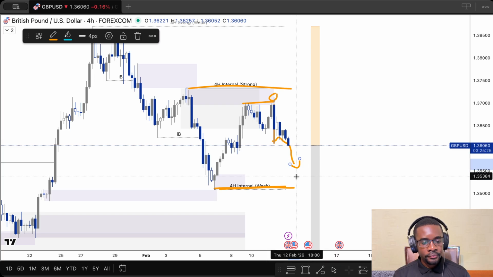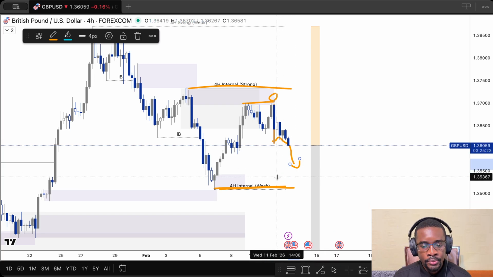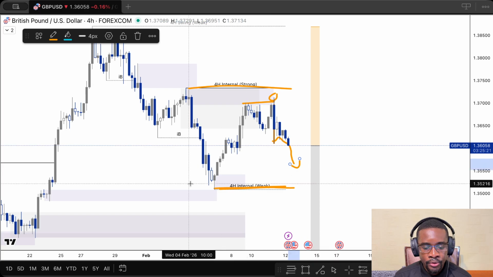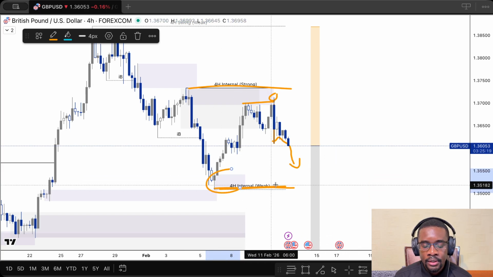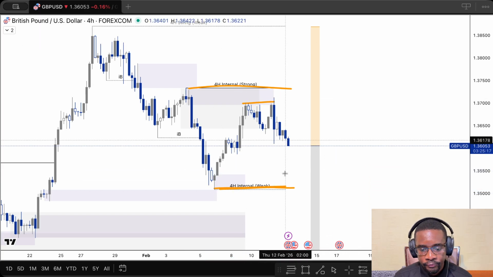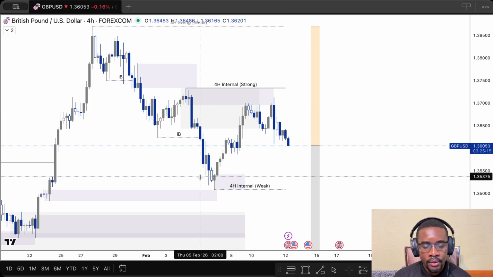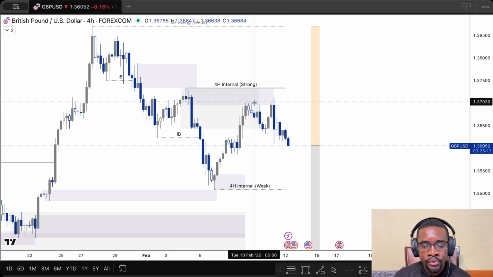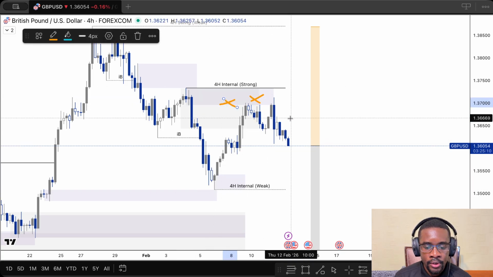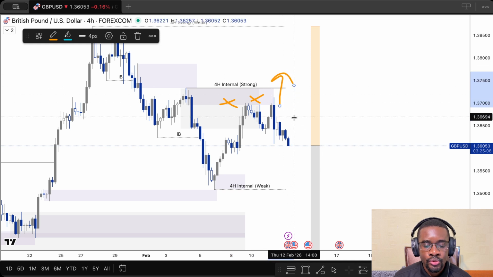Okay, now another thing to be cautious of is the fact that we of course mitigated discount of the swing range. Now ideally we would have wanted to see supply fail, for us to know that we are now switching bullish strongly.